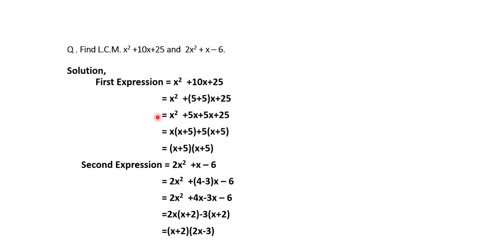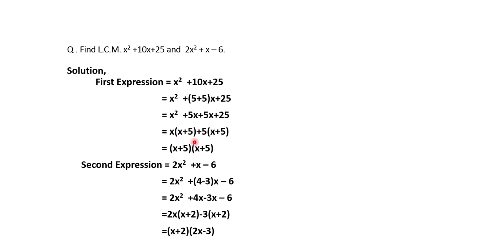Now while writing the answer of this LCM, we have to check from the first expression's factorization and the second expression's factorization whether there is anything common. If there is common, write the common first, then common factors should be multiplied with the remaining factors. But there are no common factors.